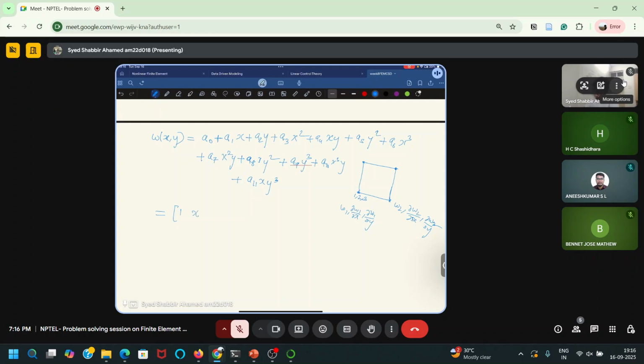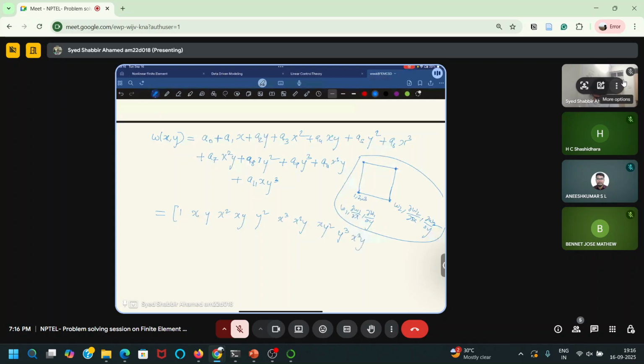I'll just take all these terms of x, y, x square, y square, x cube, x square, xy square. We know the Pascal triangle, so this is everything based on that.